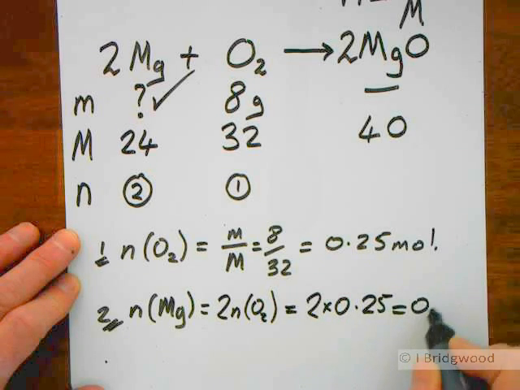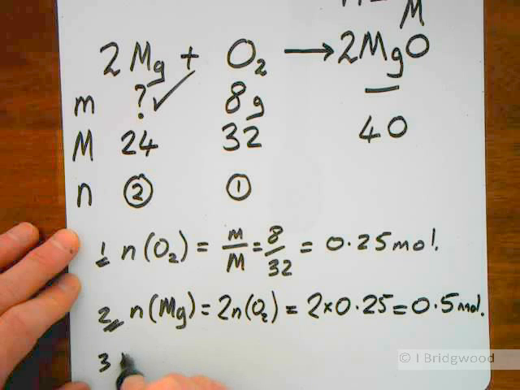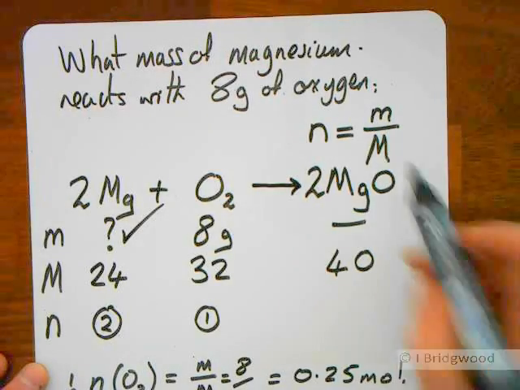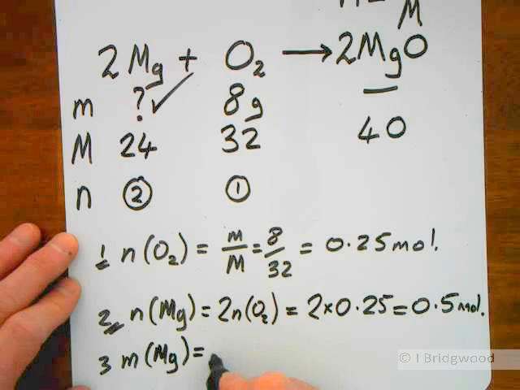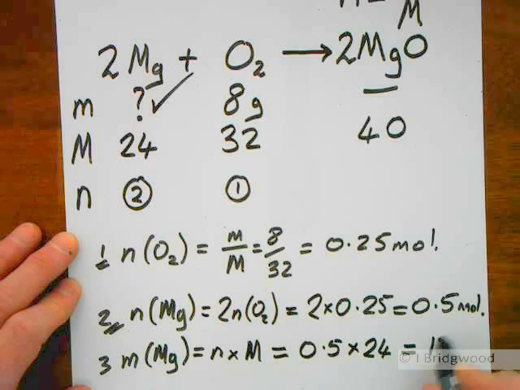Thirdly, the mass of magnesium, rearranging our equation of course, number of moles times molar mass, is going to be equal to 0.5 times 24 equals 12 grams.